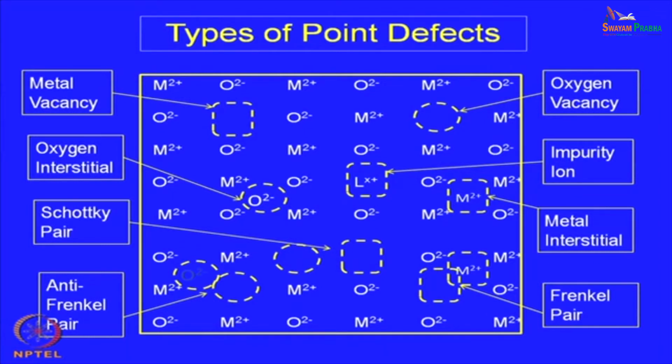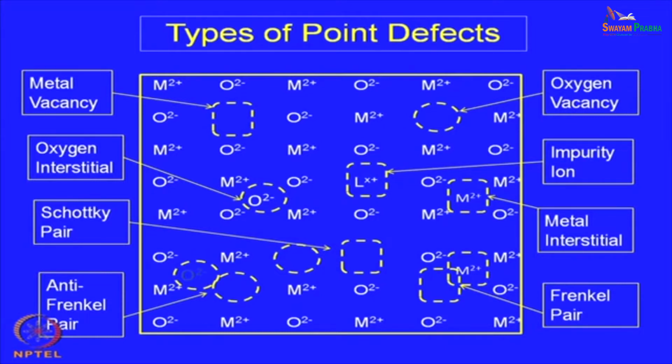Now, this diagram is a little complicated, a little busy, but very simple in a sense once we know the principle. Basically, we have a lattice, an MO type oxide, a metal oxide, a divalent metal oxide. M is divalent, oxygen is anyway divalent.